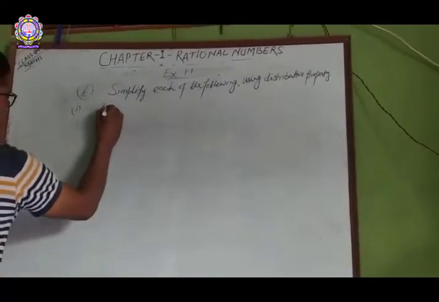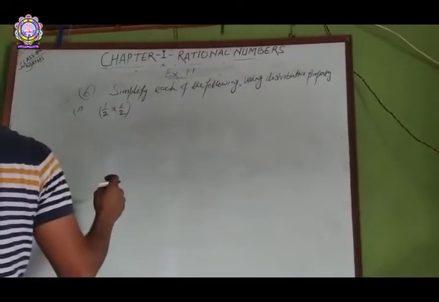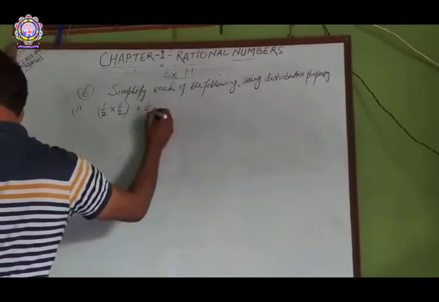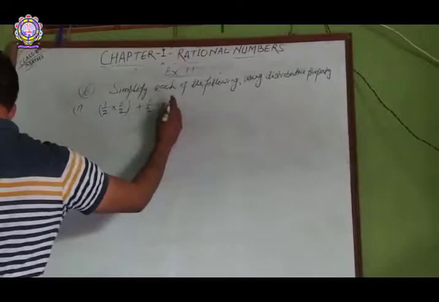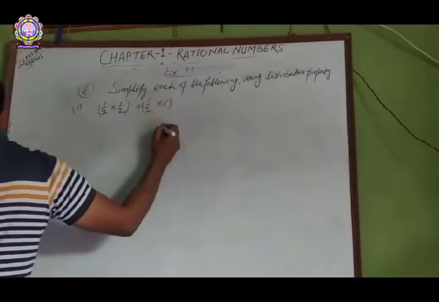1 upon 2 into 1 upon 2 bracket close plus 1 upon 2 into 6 bracket close.